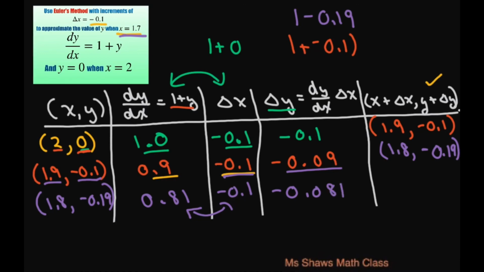So your new point's going to be 1.7 finally, right? And then you take your y, add these up, and you're going to get negative 0.271. So basically, when x is 1.7, our approximate value of y is negative 0.271.